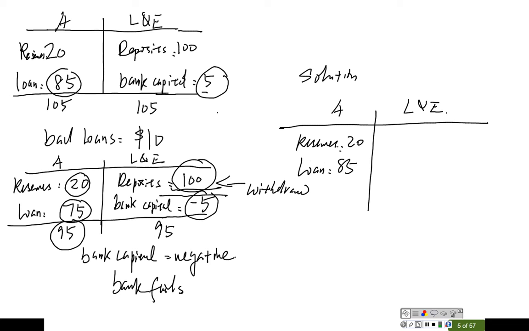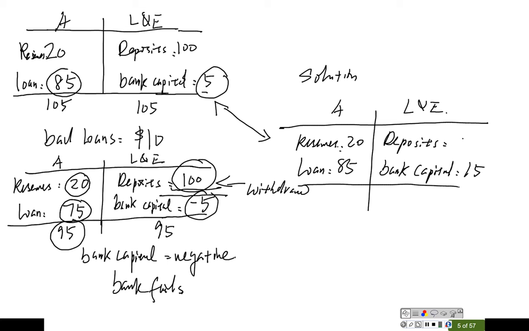So the asset side is exactly the same as the asset side we showed previously. On the liability and equity side, now the bank gets more money from bank capital, which means more money contributed from the shareholders. Suppose now it's $15. In order to balance, the deposit under this case only needs to be $90.